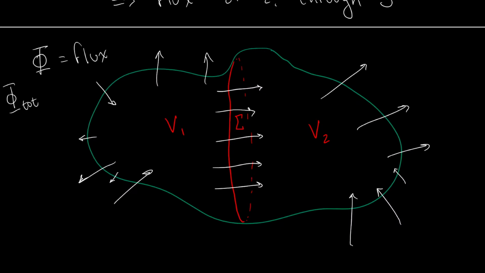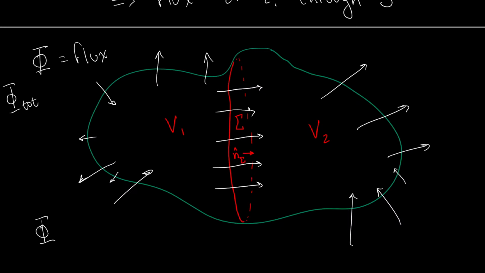Whatever pieces are perpendicular, the net effect is that you get something flowing out of V1 and into V2 along this surface. Now say I have some normal vector pointing this way.